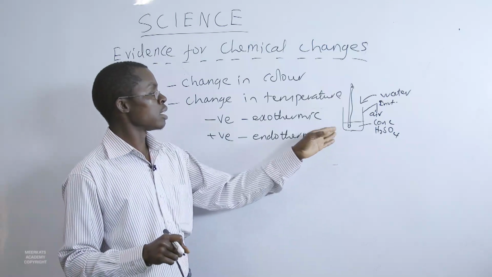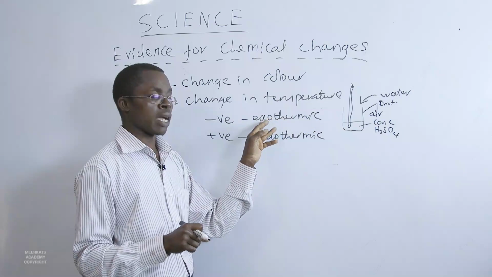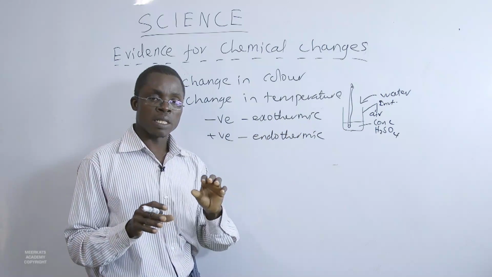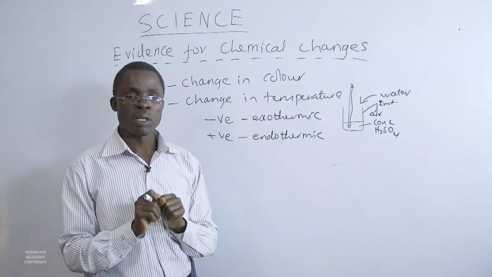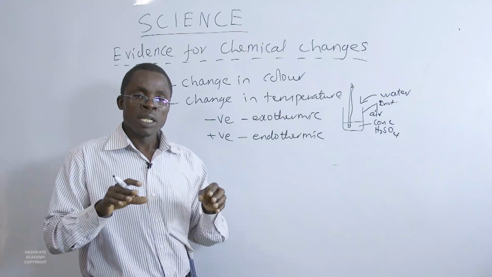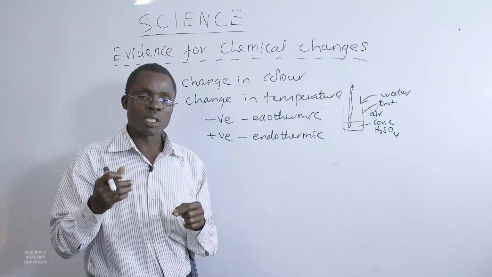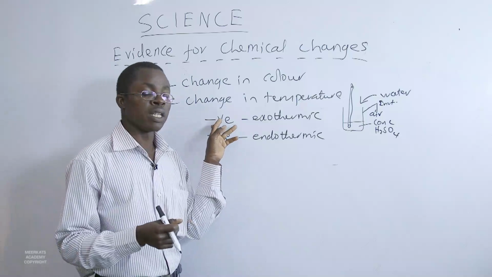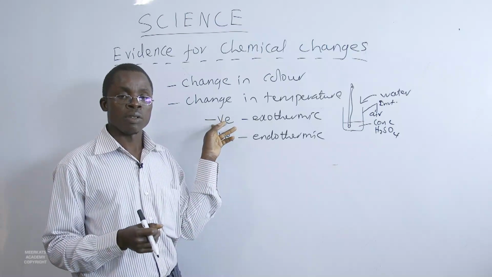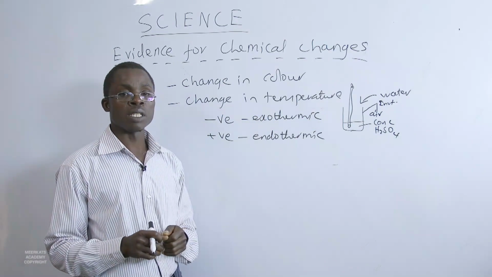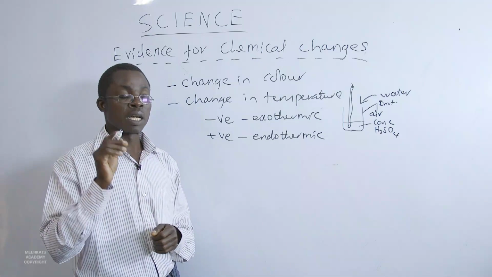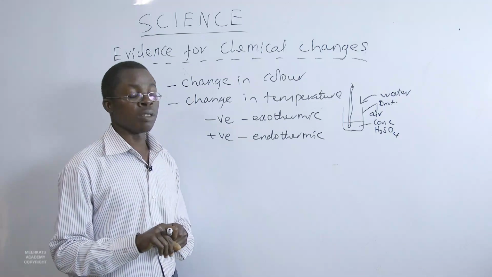So in such a case, we can call this reaction exothermic. Heat energy has been given out. And since it is a minus from the system, then it is given the sign negative.